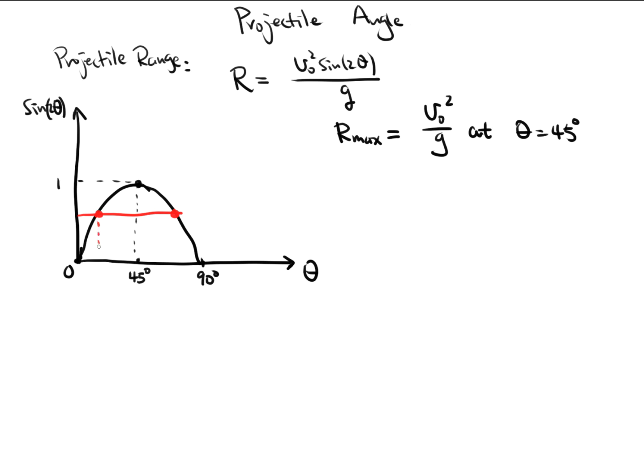This angle, let's call it alpha, and this angle, let's call it beta. Now let's find a relation between these two angles that give us the same range.